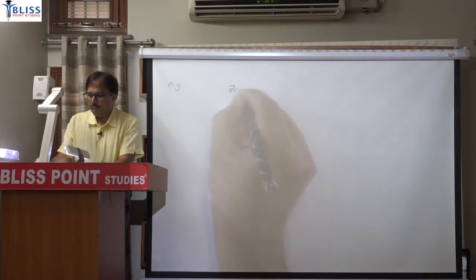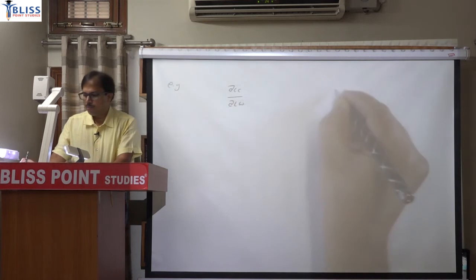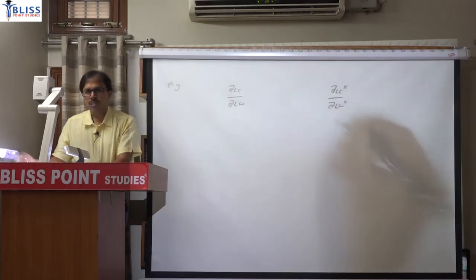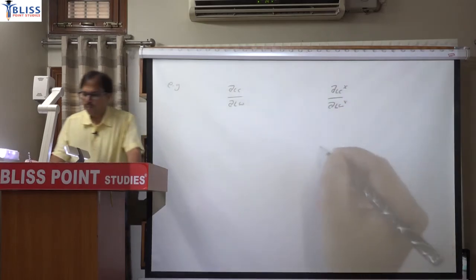If ALC upon ALW will be one particular number, and ALC star by ALW star is the opportunity cost in the foreign country.